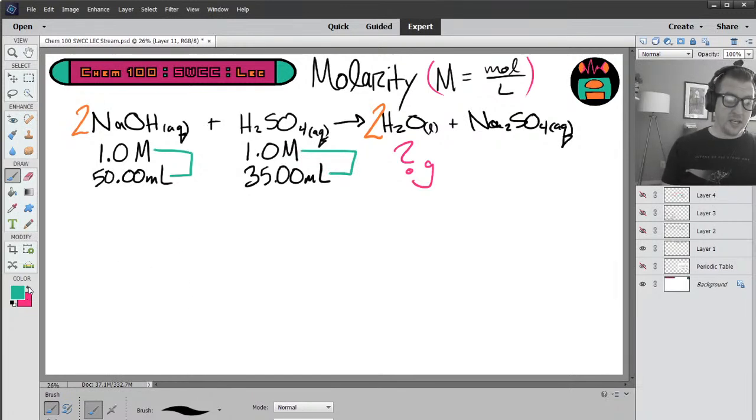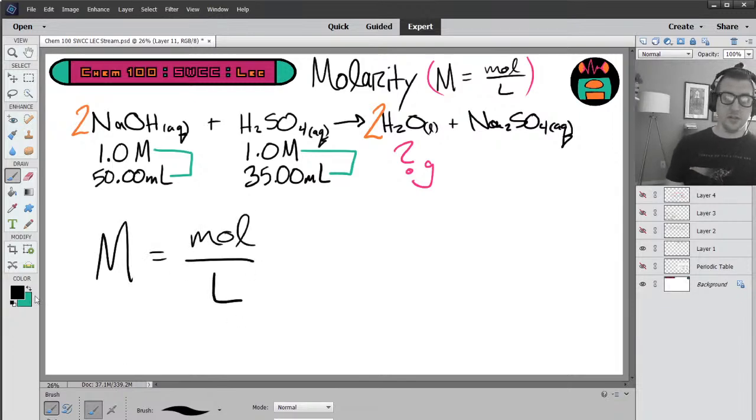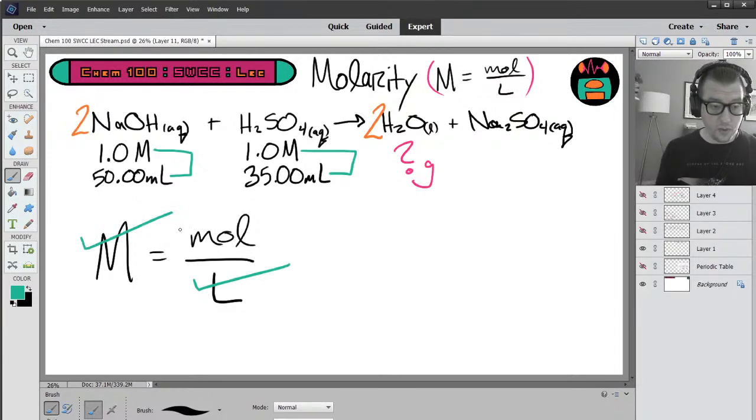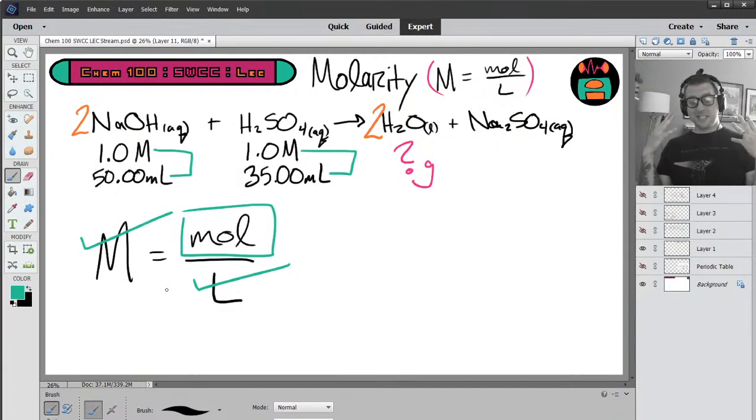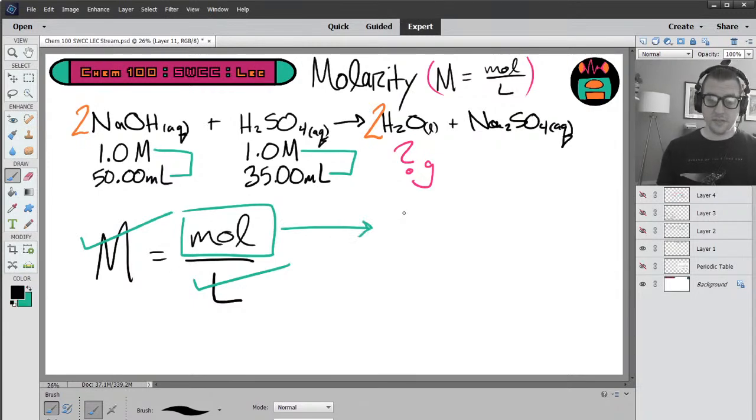The reason why you see this over and over again in stoichiometry type problems is molarity is equal to moles over liters. So if you're given the molarity and a volume, what does that allow you to solve for? Moles. It lets you solve for moles, and then it lets you do stoichiometry problems.